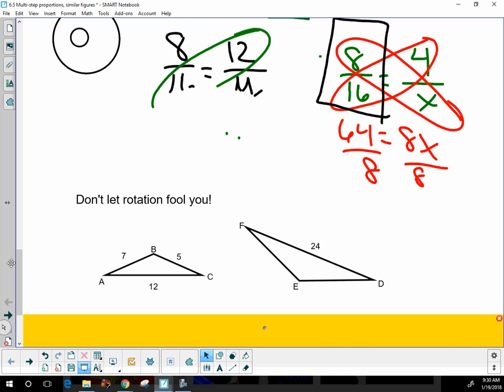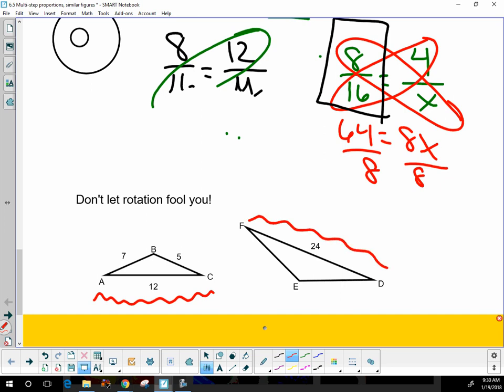So take a look at these. Again, this will be easy to figure out the sides. What side corresponds with AC? We'll call AC the base in this particular triangle. Which side on the other triangle corresponds with that? Hopefully you chose FD.